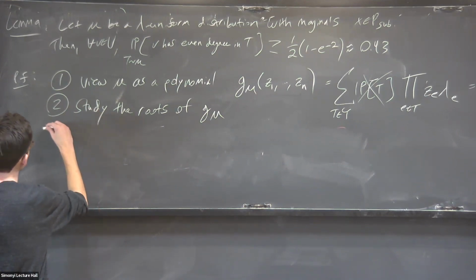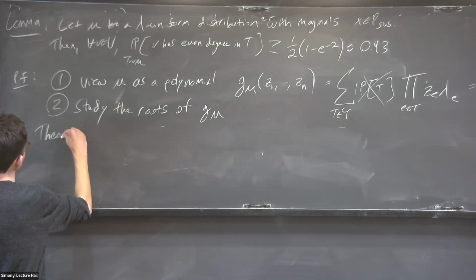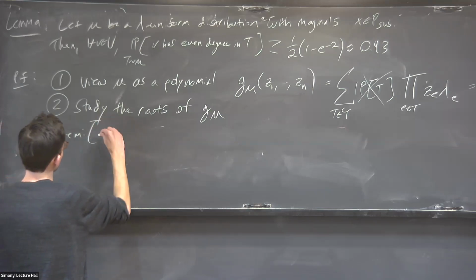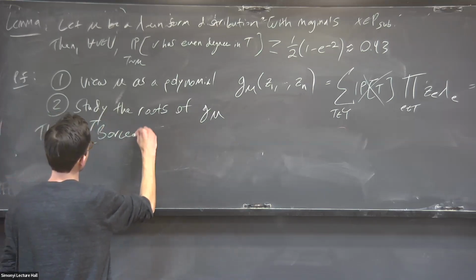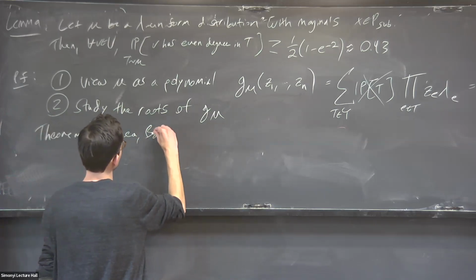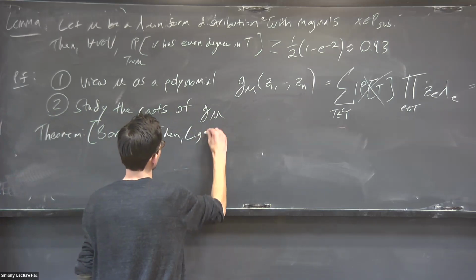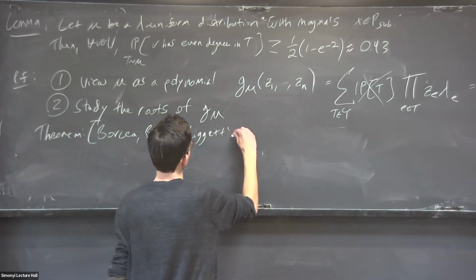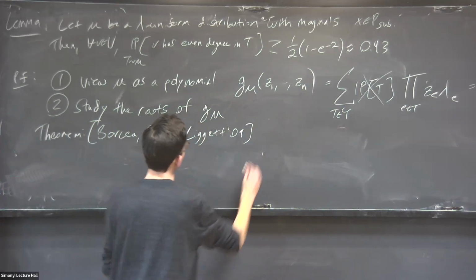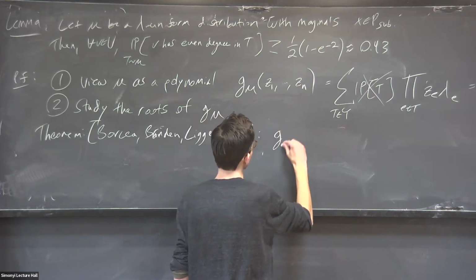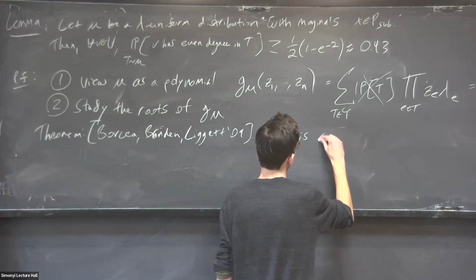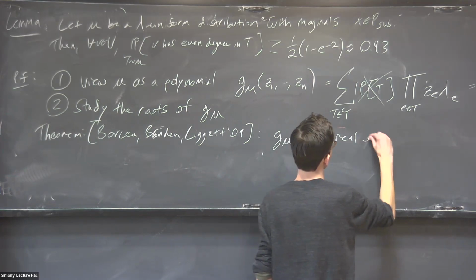It was proved by Oveis Gharan, Brändén, and Liggett in 2009 that G of mu is a real stable polynomial.